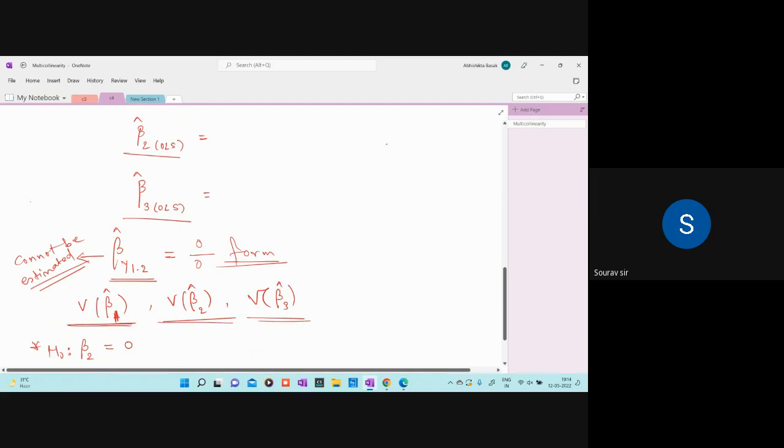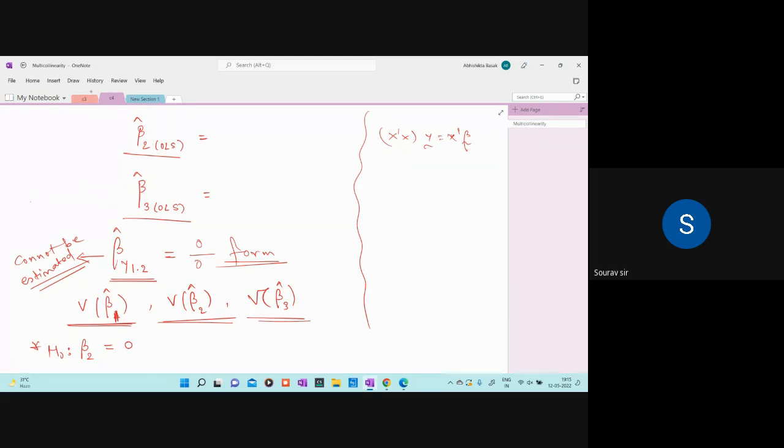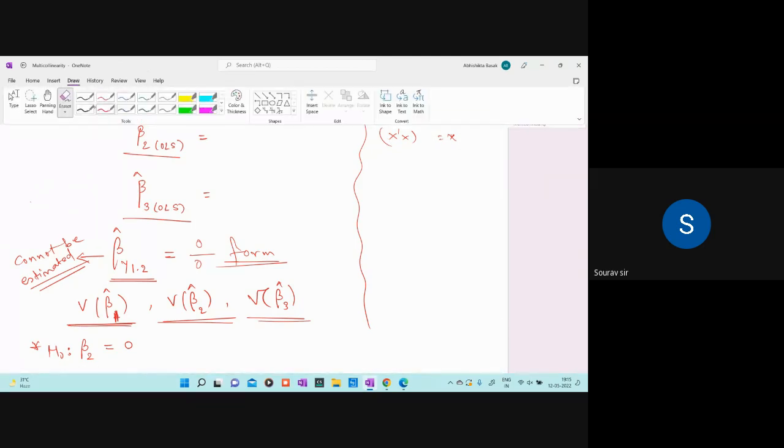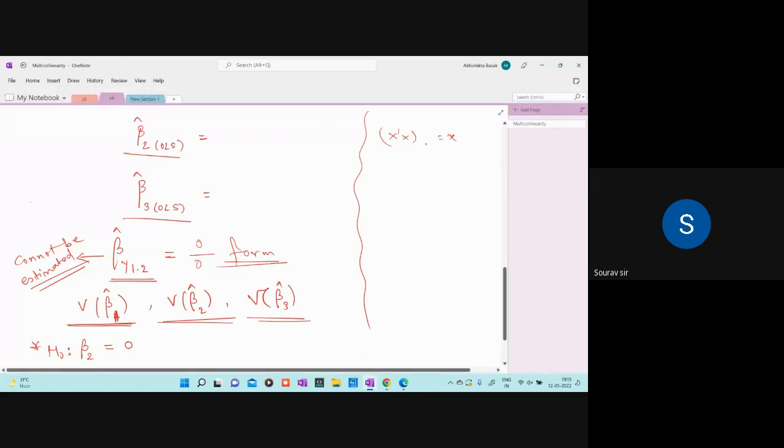If you can recall your concept of linear model, then what was my normal equation? X transpose X into beta hat equals X transpose Y, right? If I am not wrong. Sorry, I am wrong. Is it okay?